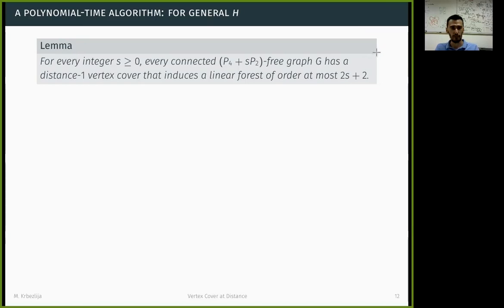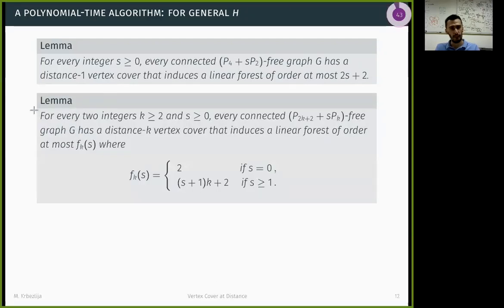In the case when k equals 1, we have the following lemma that says that for every integer s greater than or equal to 0, every connected (P4+sP2)-free graph G has a distance 1 vertex cover that induces a linear forest of order at most 2s+2. And when k is greater than or equal to 2, we have the lemma that says that every connected (P_{2k+2}+sP_k)-free graph G has a distance k vertex cover that induces a linear forest of order at most F_k(s), where F_k(s) is this function.